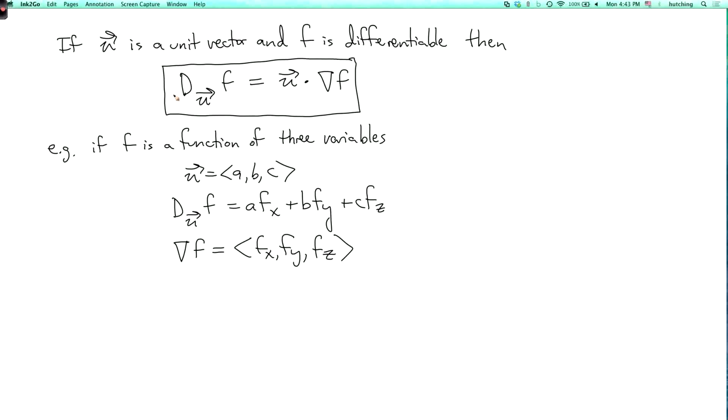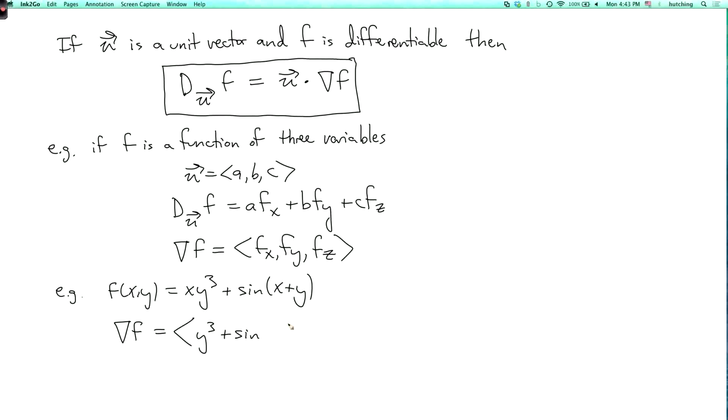So for example, if I have a function of two variables, say f of xy equals x y cubed plus sine of x plus y, then what's the gradient? So first we have the partial derivative with respect to x, which is y cubed plus sine of x plus y.